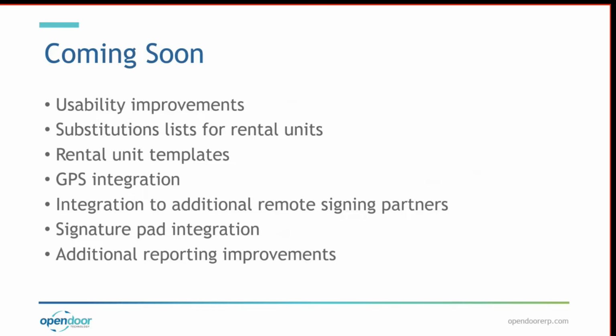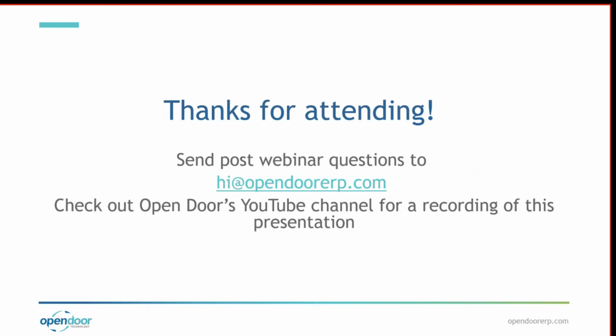Signature pad integration, that would be a physical signature pad like counter sales would use. We've already added that into service, and we're going to be adding that into rentals in a future release. And then additional reporting improvements. We're always trying to find ways to improve the reporting that we have in rentals.